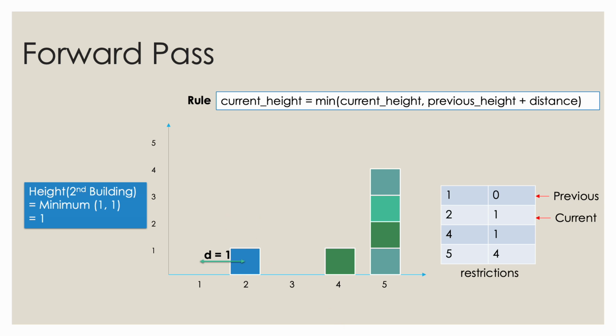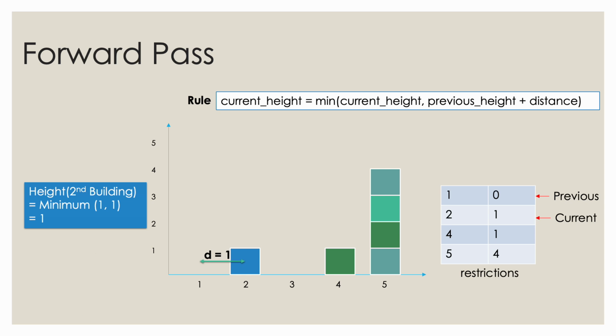But my other restriction, some restriction previously, says that it can only be 1. So in restrictions, the building with lesser height will be given more priority, because someone has already told us we can't go beyond 1 for the second building, right? So that is the reason why we have taken the minimum.